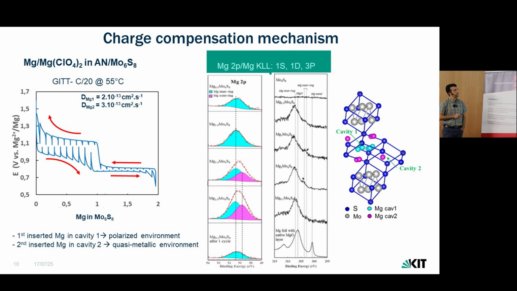So by doing GITT, we can see that this polarization is not the stable phase, it's an unstable phase. When we start to insert, there is certain instability inside the cavity, but the real plateau is here. What we can learn from XPS as well, from the magnesium 2p peaks, is that there are 2 peaks here.